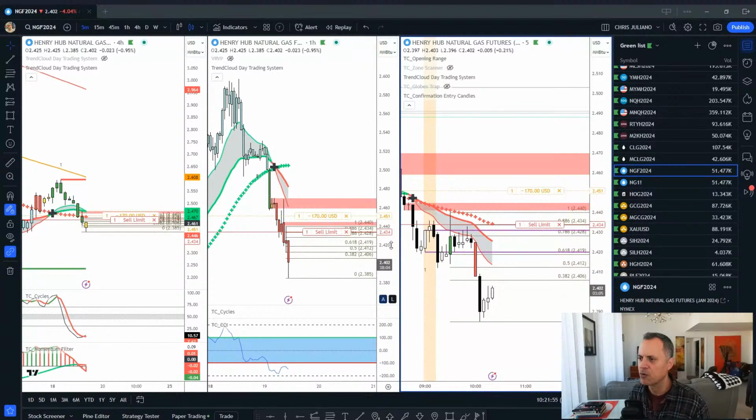Let's see if it works out. It may not pull back that far, but we employed our TrendCloud and our strategy, and we made some money, and that's what you do every day. And if it's not there, then you don't take the trade. But when TrendCloud is on your chart and everything is lined up, those are the signals that you take.